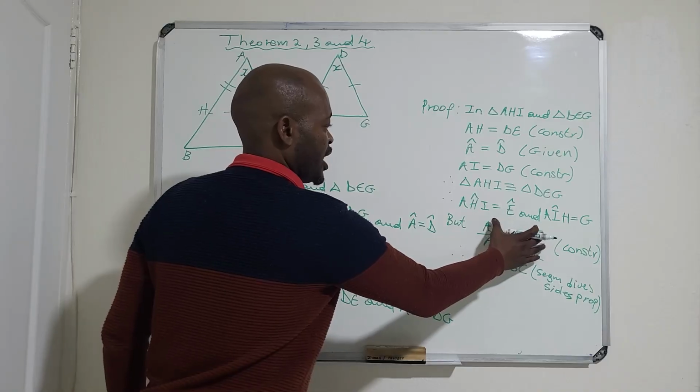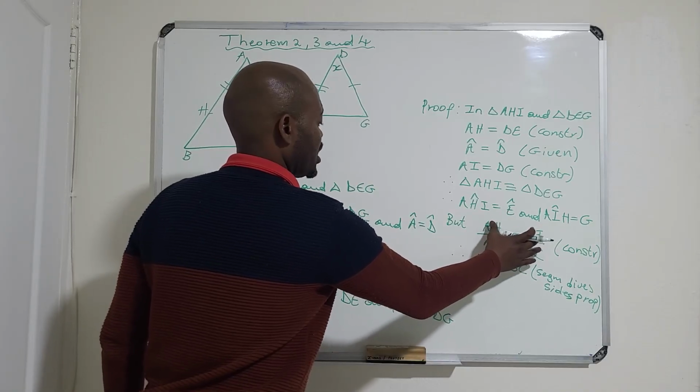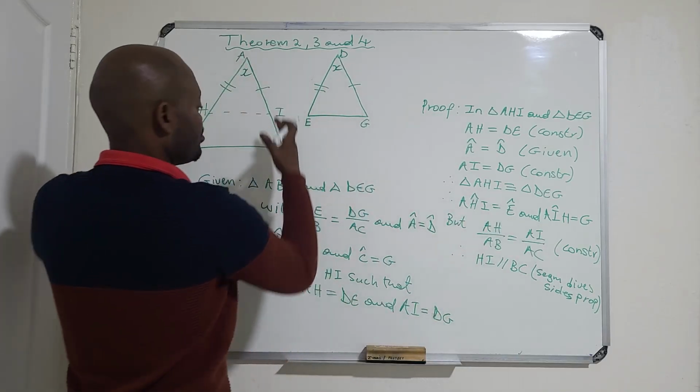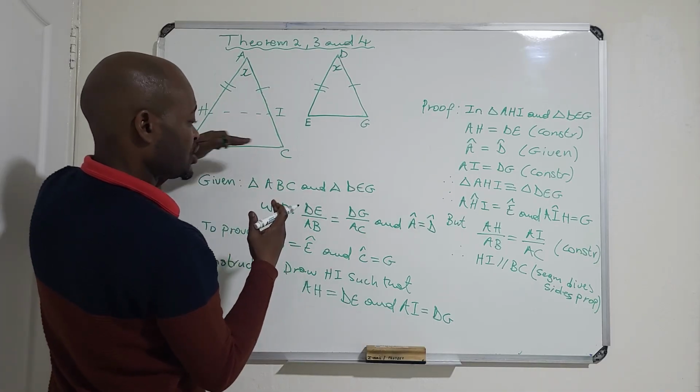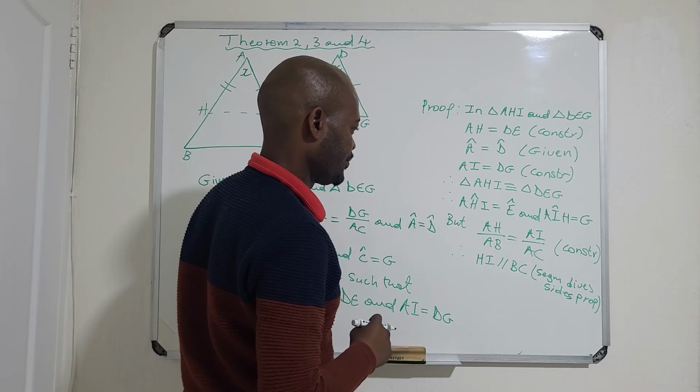It is because we've got sides which are in proportion in a triangle, so this side is drawn parallel to this side.